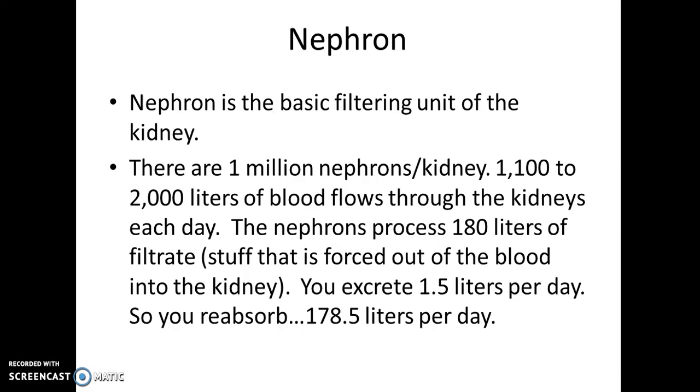Now, you only excrete 1.5 liters per day, or you should excrete 1.5 liters per day. That's almost enough to fill a 2-liter bottle. So that means that you reabsorb 178.5 liters of fluid back into your blood every day. And that's done because of your kidneys.